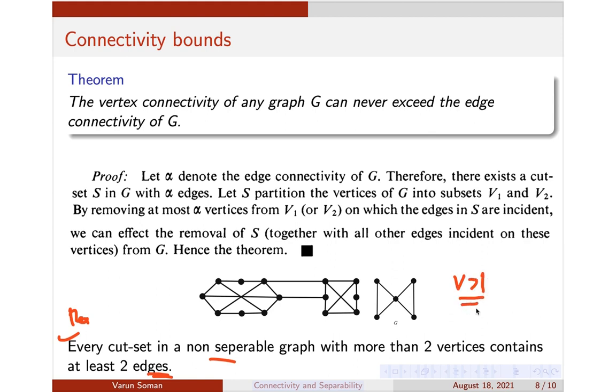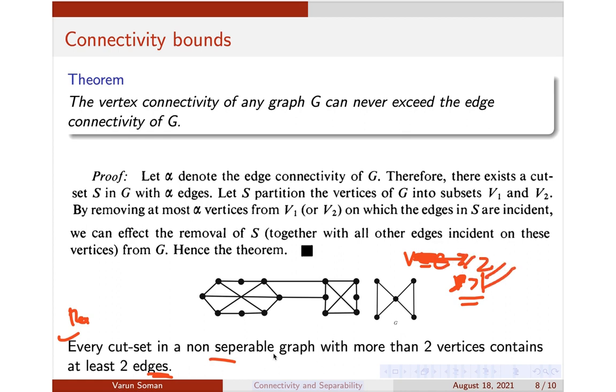If the vertex connectivity is equal to 1, we say it's a separable graph. If it is non-separable, the vertex connectivity is greater than 1. We have just discussed that vertex connectivity is always less than or equal to the edge connectivity. Therefore, the edge connectivity should always be greater than 1, that means greater than or equal to 2. So if you understood these inequalities, it is very simple.